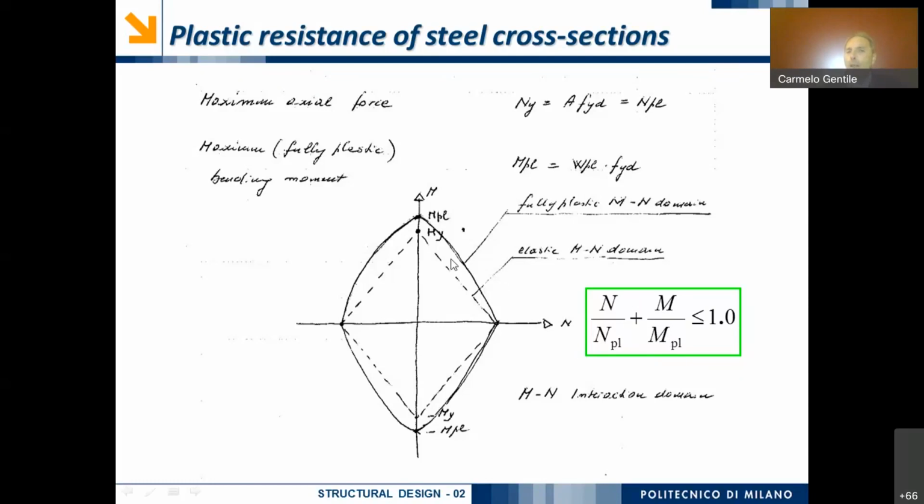If the point coming from our computation belongs basically to this part, inside the interaction domain, now we can check positively the plastic resistance, or the resistance generally. If the point lies outside the interaction domain, we are dealing with an unsafe situation.